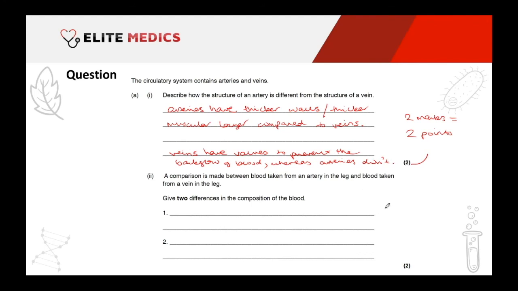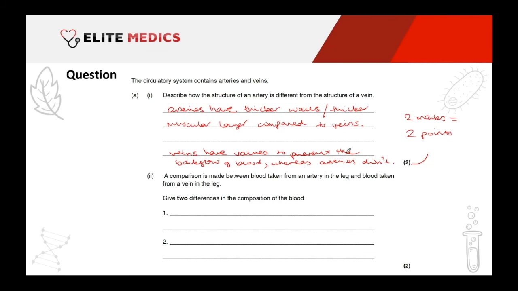A comparison is made between blood taken from an artery in the leg and blood taken from a vein in the leg. Give 2 differences in the composition of the blood. Okay, so we've talked again about, aside from comparing the structures of arteries to veins, we've also talked about the differences in the blood that would be in the arteries and the veins.